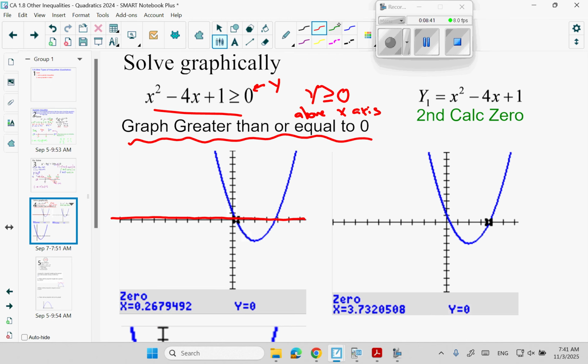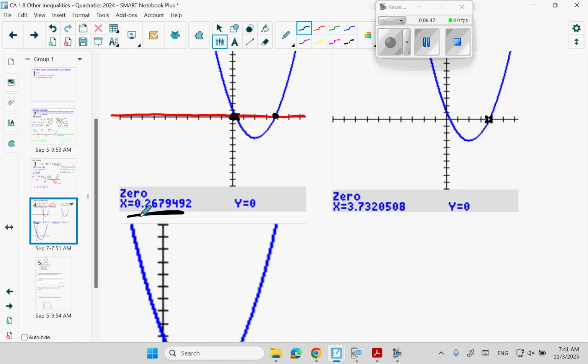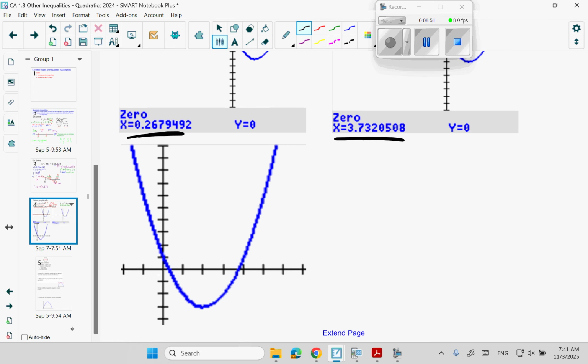Well, looking at it, we have the two x-intercepts right here and right here, which I did go out and find, 0.267 and 3.73. So from negative infinity all the way to that 0, I am greater than.